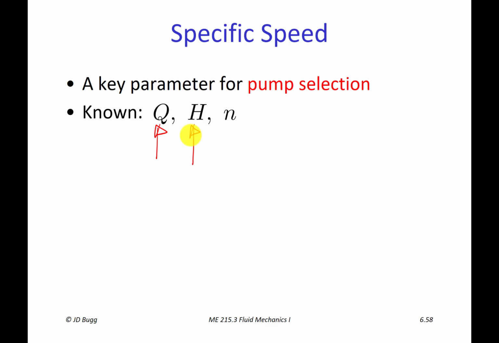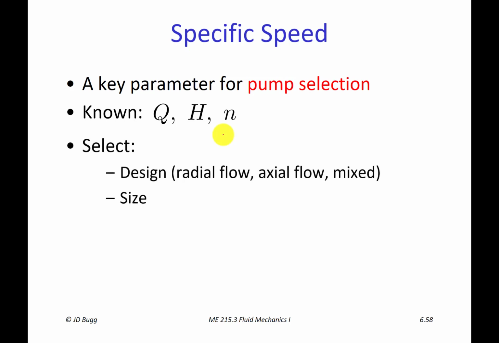We know the flow and the head that we need to produce. Typically, we also know the speed that we're going to be running at. Perhaps we have a particular electric motor available, but let's say that we know what speed we're going to run at. We could vary this and it would change the specific speed, but the premise here is that those three quantities are known at the beginning. So we want to take those three things and choose a pump appropriately.